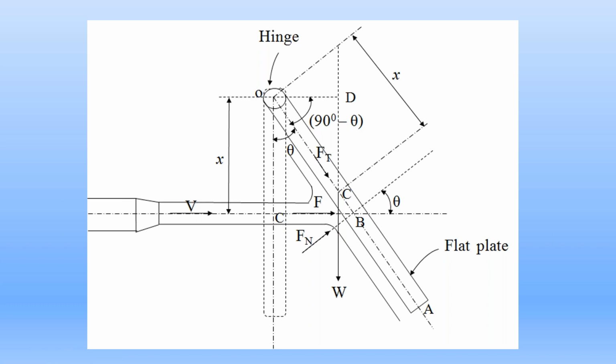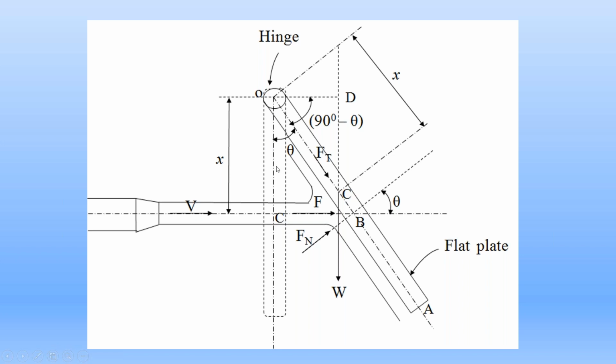So we are discussing the impact of a horizontal water jet on a hinged vertical flat metal plate. That is the condition. In today's class, we are discussing the impact of a horizontal water jet on a vertical hinged stationary flat metal plate.